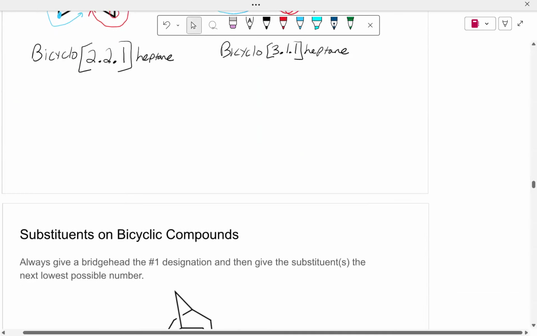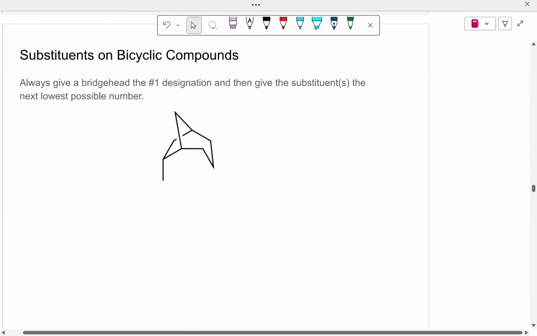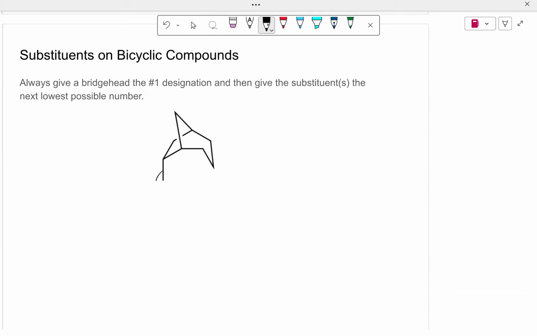Now, probably the most confusing part of this is what happens if there are substituents on the bicyclic compound. Because we've got to not only name a substituent, we've got to give it a number, a location, because it could be anywhere on those 8 carbons. So again, this might take a little trial and error in the beginning. After a while, you might be able to recognize it a little bit more quickly.